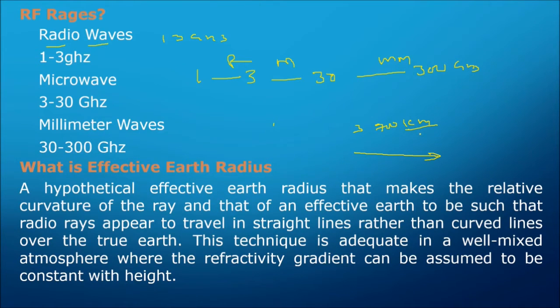This technique is adequate in a well mixed atmosphere where the refractivity gradient can be assumed to be constant with height. Effective Earth radius, because Earth is curved. So how to manage this curved propagation? For that, we use the effective Earth radius so that this travel is assumed to be a straight line.